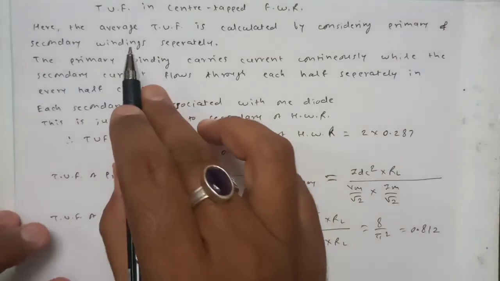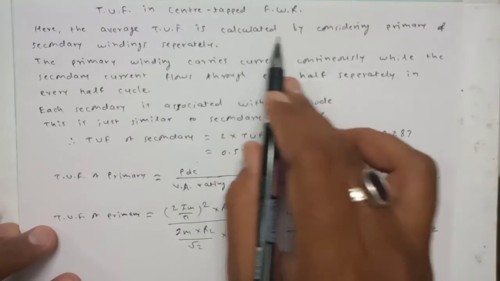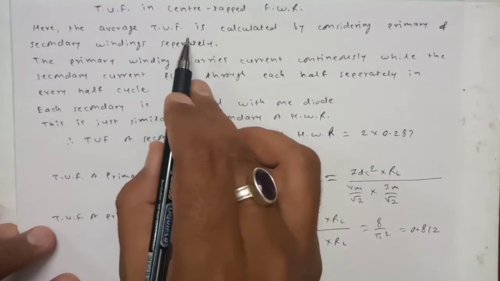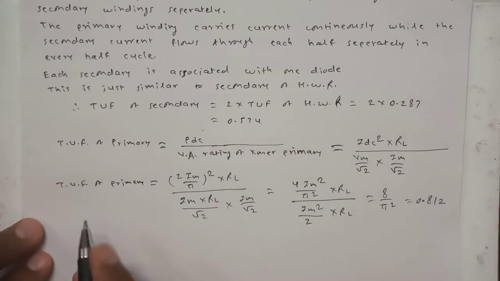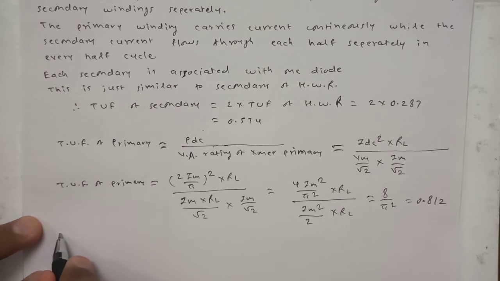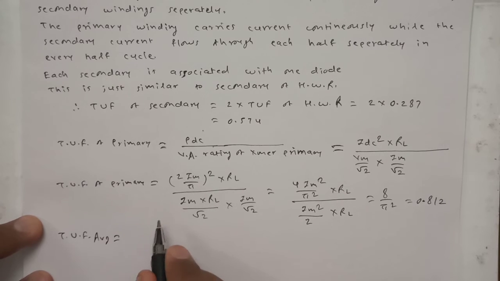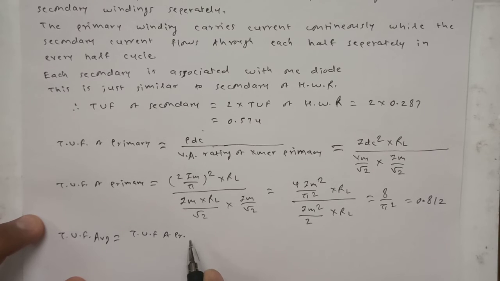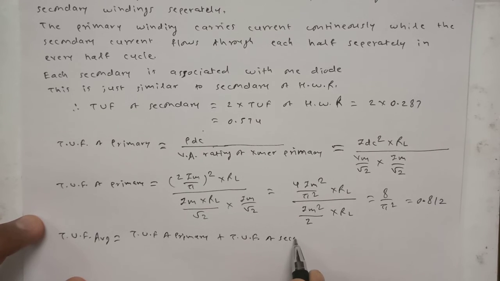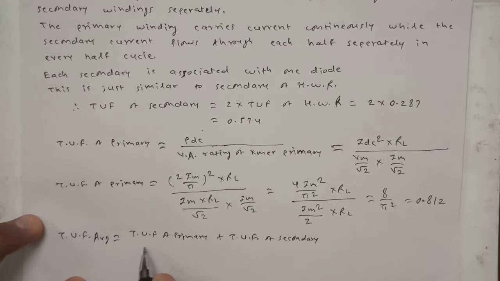Why average? Because initially we have written that average TUF is calculated by considering primary and secondary winding separately, and that's why the TUF average in case of center tap type of full wave rectifier is given by TUF average is equal to TUF of primary plus TUF of secondary, and for the average it will be divided by 2, right?